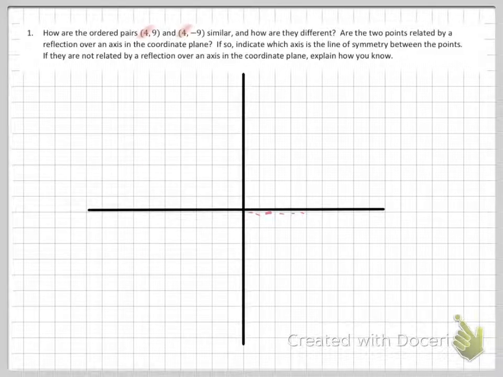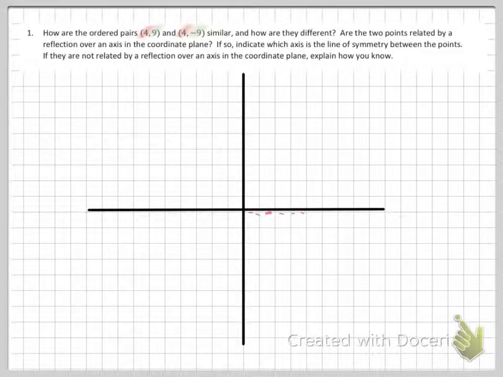The y values, the second number in the ordered pair. One second, let me get a new highlighter. Okay. The second numbers right here are different. First one's a +9, second one is a -9.